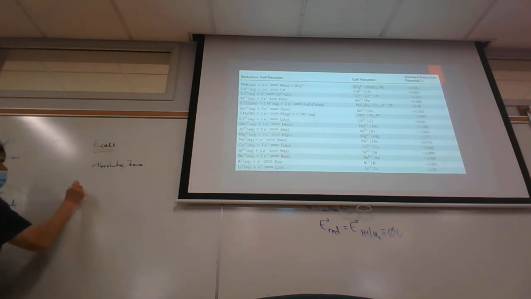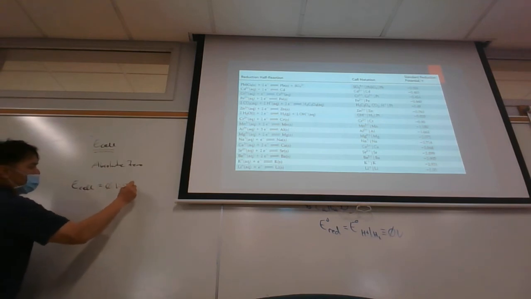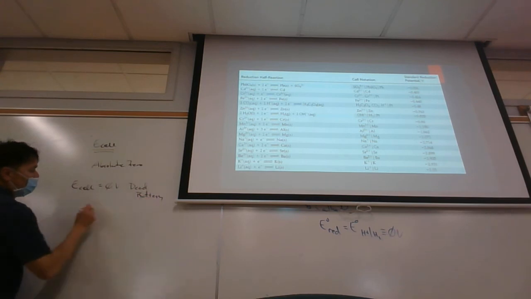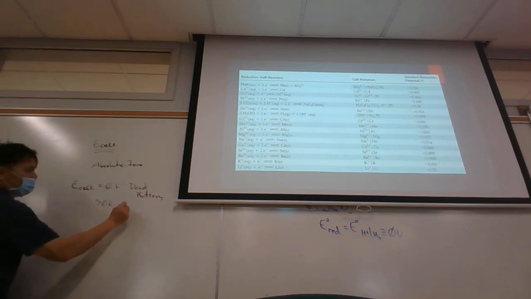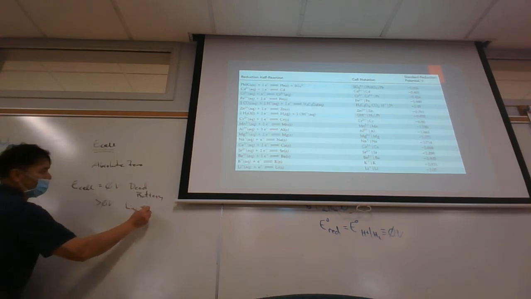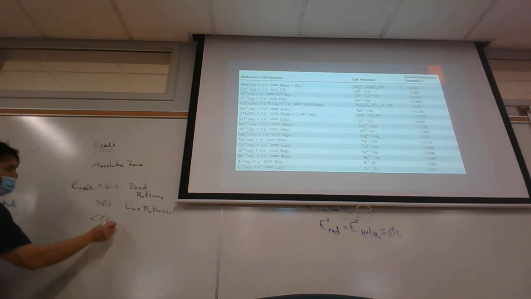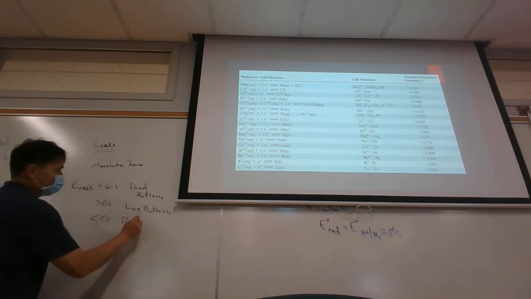And so if the cell potential is equal to 0 volts, that's what we call a dead battery. If the cell potential is greater than 0 volts, then it's still alive. And so it's a live battery. If the cell potential is less than 0 volts, then that means you have the wrong reaction. The reverse reaction is favorable.